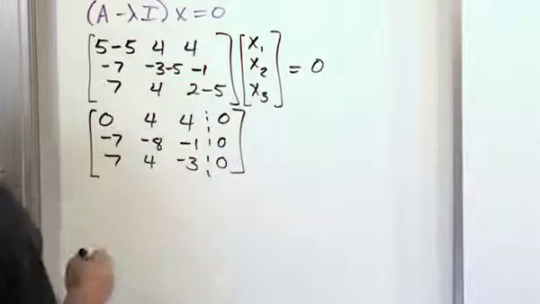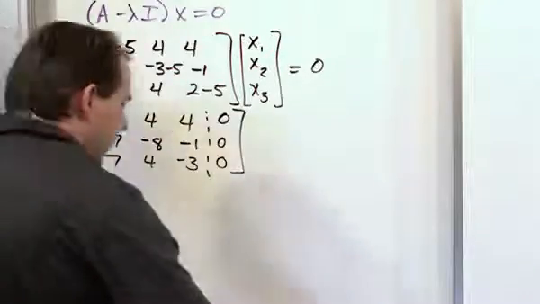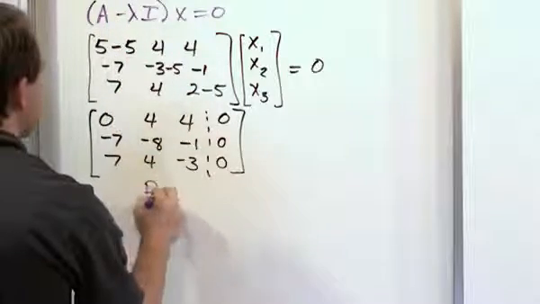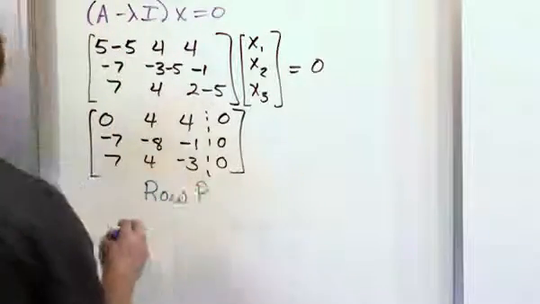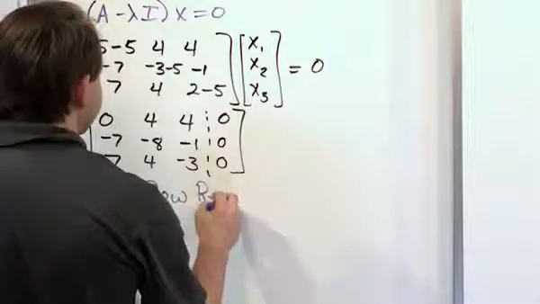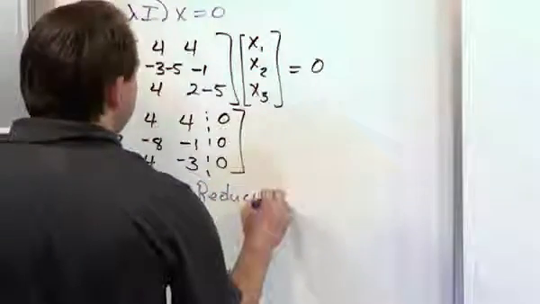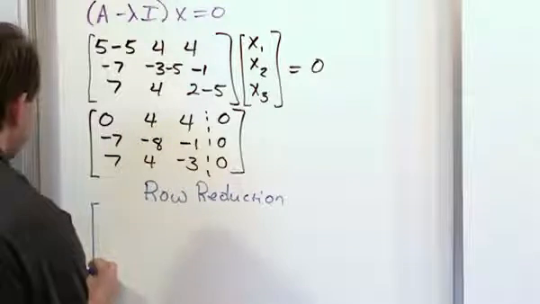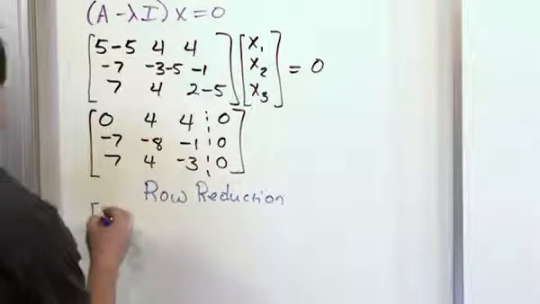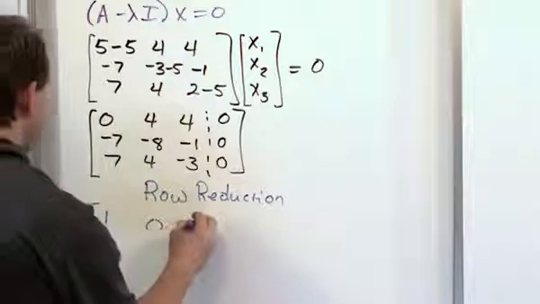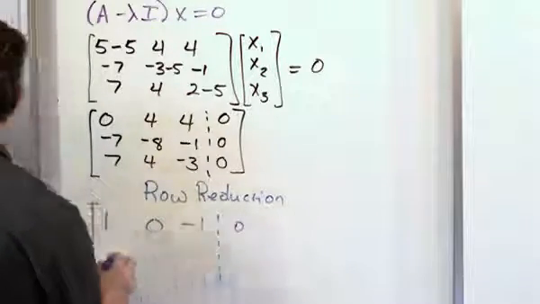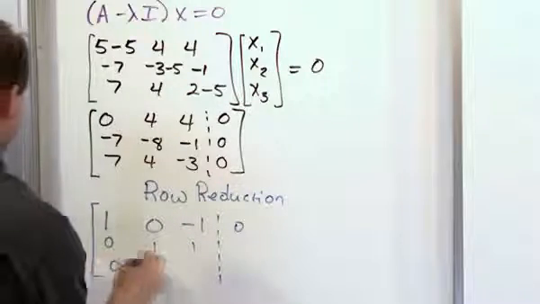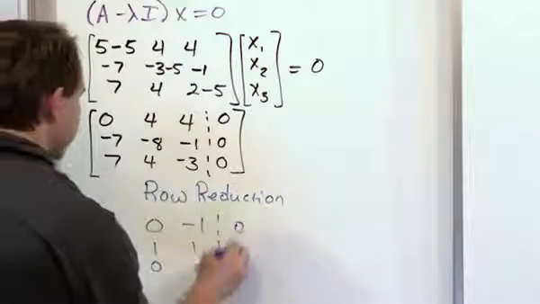We've done this many, many times with row reduction. I can do all those row reduction steps, but we've done them a lot of times, and for this type of problem, it's more illustrative if I just show you what the row reduction looks like, because I don't want to get bogged down in the details. After you row reduce this, you will get 1, 0, -1, and then 0, 1, 1, and 0, 0, 0 here.